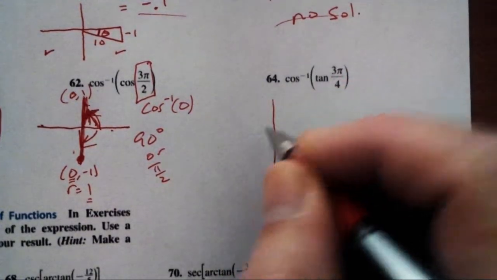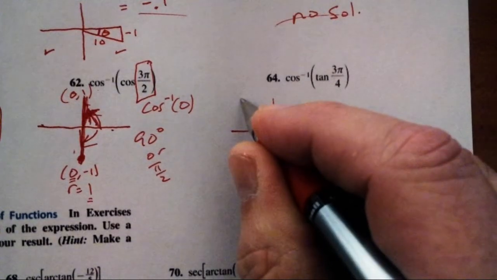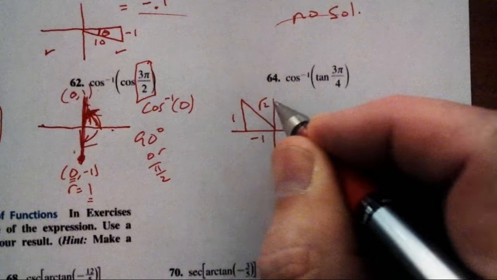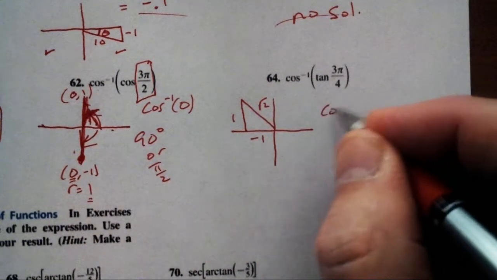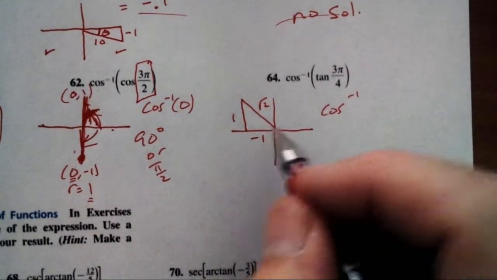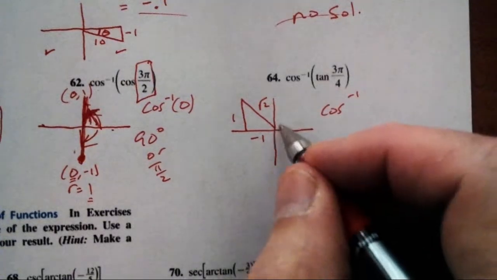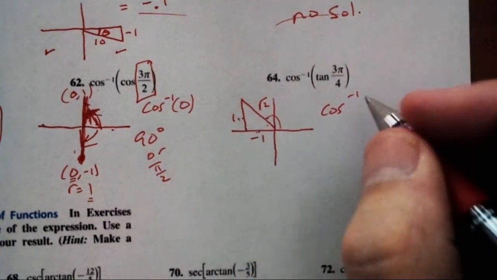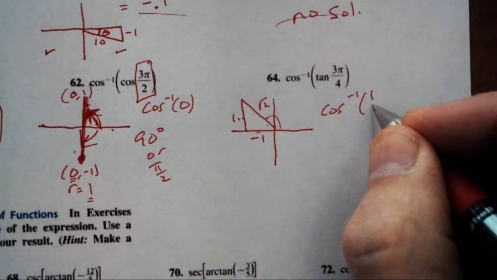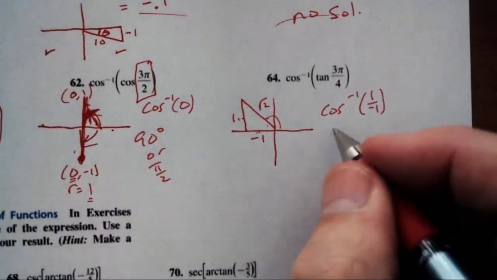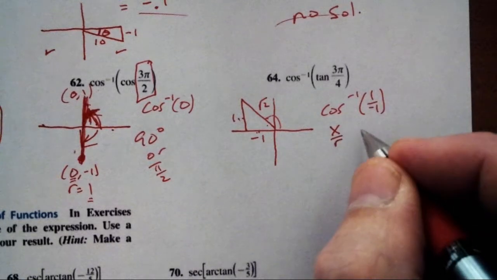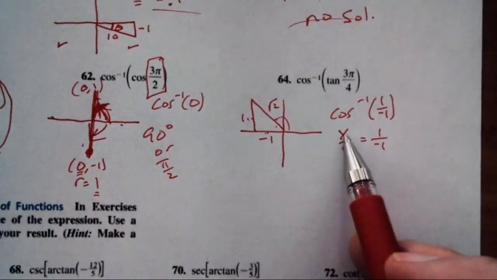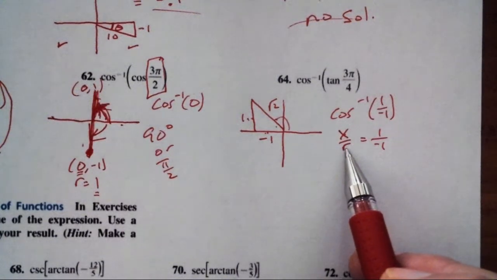Let's go to 3/4 pi. 3/4 pi right here. This is -1 by 1 by square root of 2. So this is cosine inverse of tangent of this angle, which is y on x, 1 on -1. So we want an x to r ratio of 1 to -1. When can the side length be as long as the hypotenuse?